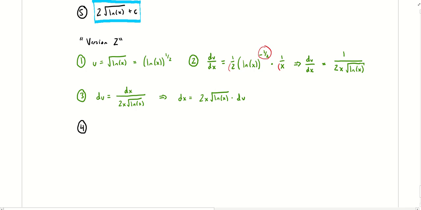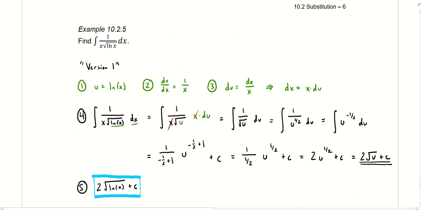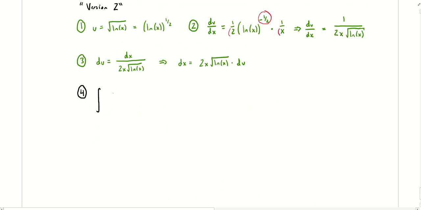Okay, so let's do our substitution again. So let me write down that original integral. Our original integral was the integral of this thing up here, 1 over x times the square root of the natural log of x. So that's square root of the natural log of x.